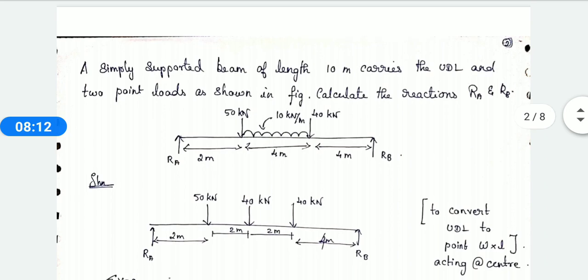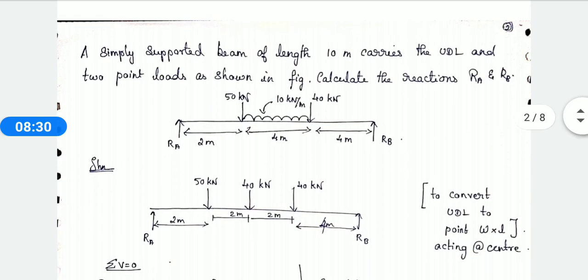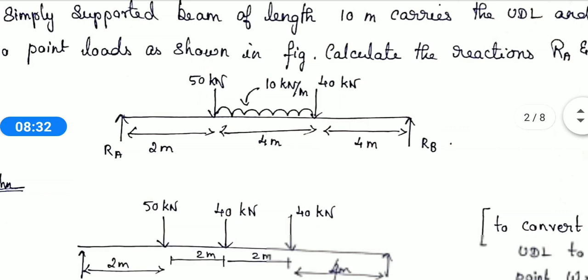See this problem, it states a simply supported beam of length 10 meter carries a UDL and 2 point loads as shown in the figure. Calculate the reactions RA and RB. In the question they had asked us to find the RA and RB values, and they had given the load as UDL, that is 10 kilonewton per meter.